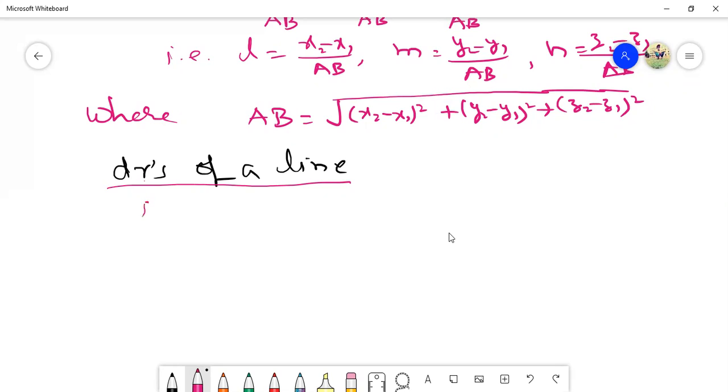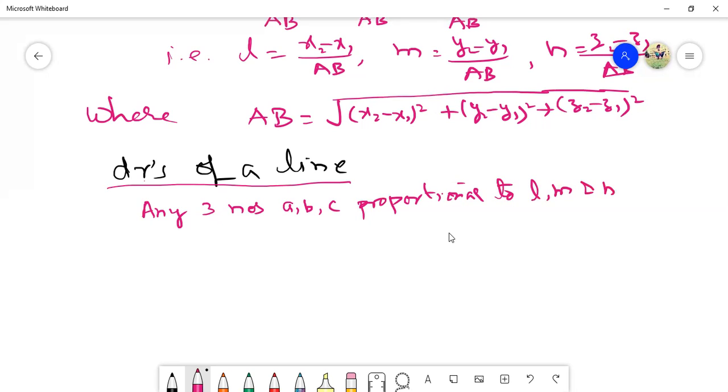So any three numbers A, B, C proportional to L, M and N respectively are called DRs.